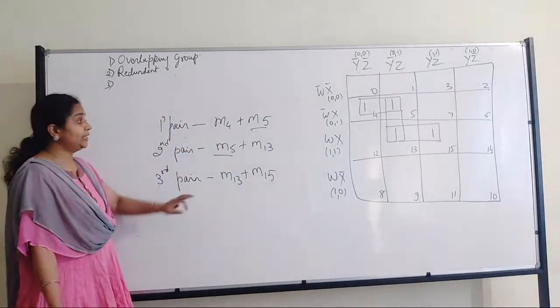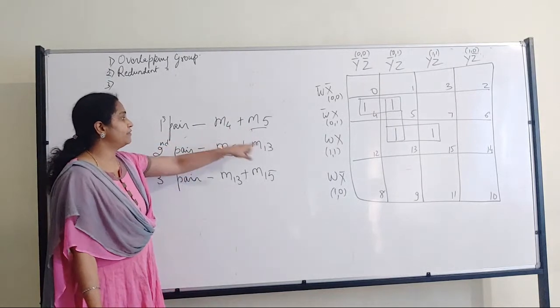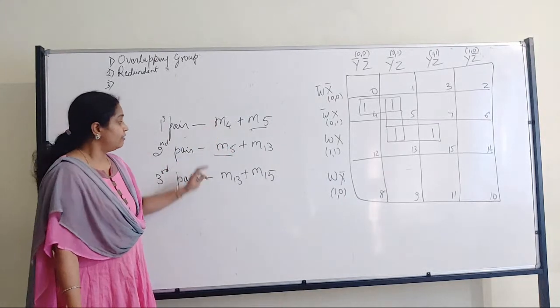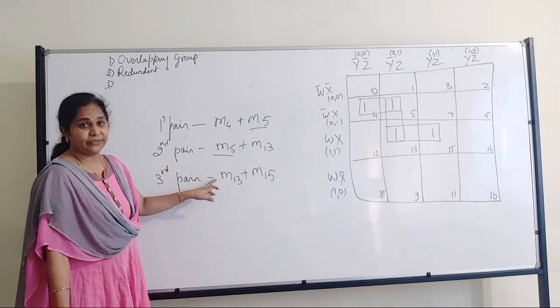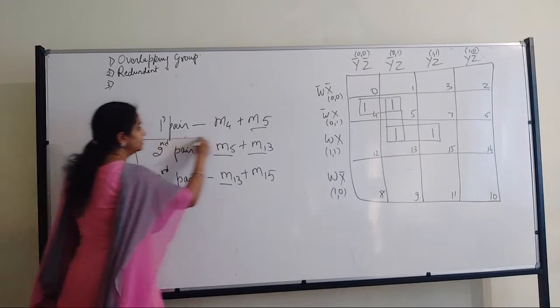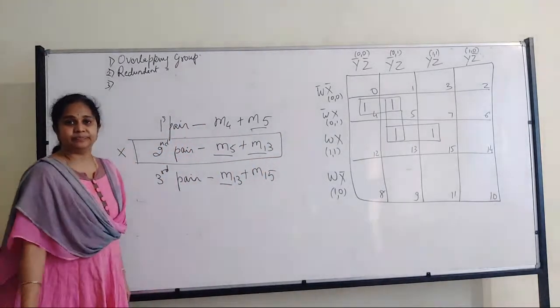Right? Now here what is happening when I talk about these two pairs, M4, M5, M5, M13. M5 can't be eliminated, right? It has to be there. When I talk about these two again, M13 is repeating. Right? So what if I eliminate this pair now?